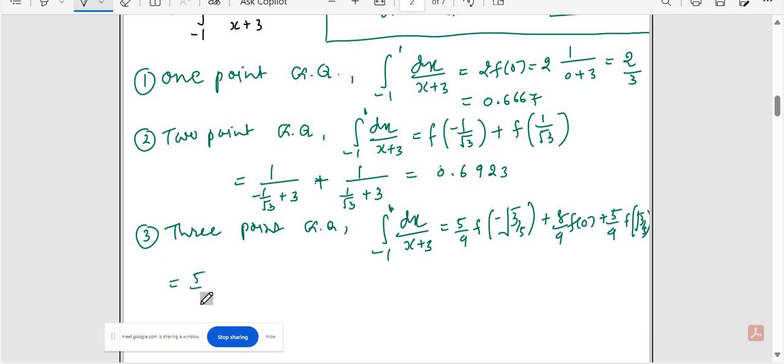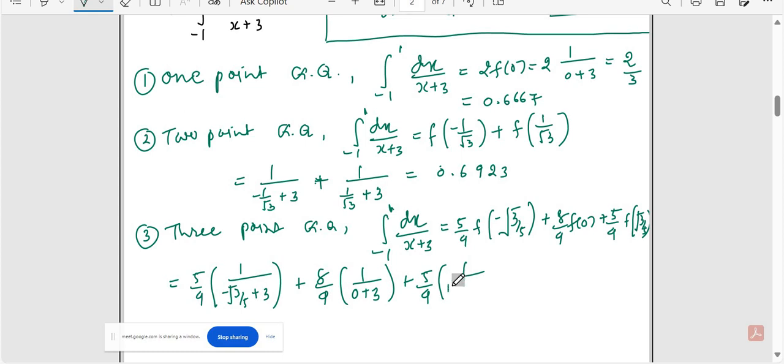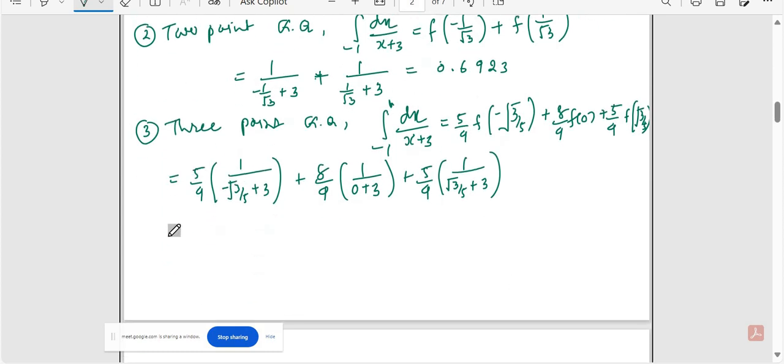So 5 by 9 into 1 by minus root 3 by 5 plus 3, plus 8 by 9 into 1 by 0 plus 3, plus 5 by 9 into 1 by root 3 by 5 plus 3. Okay, now tell me the answer of this one.